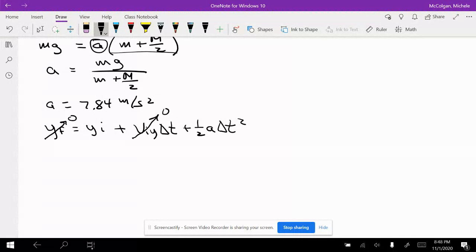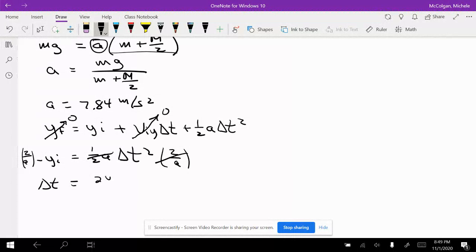So I get negative y initial equal to 1/2 a delta t squared. I'm going to multiply both sides by 2 over a, and that gets rid of these terms here. So delta t is equal to the square root of negative 2 times y initial over a.